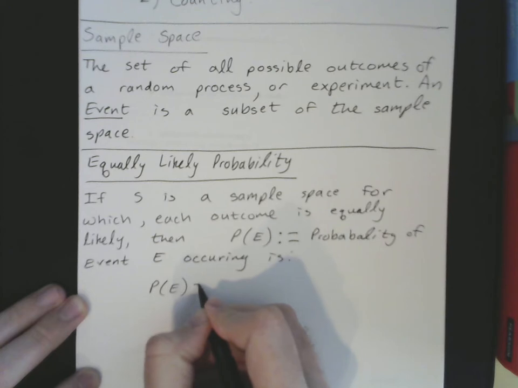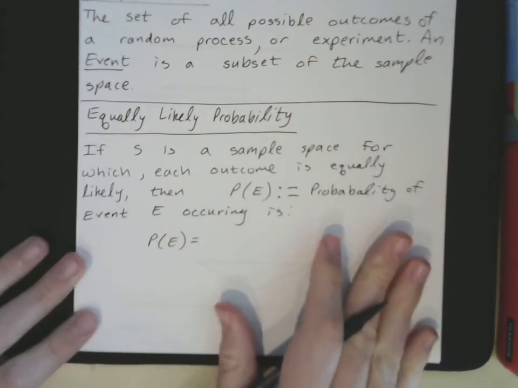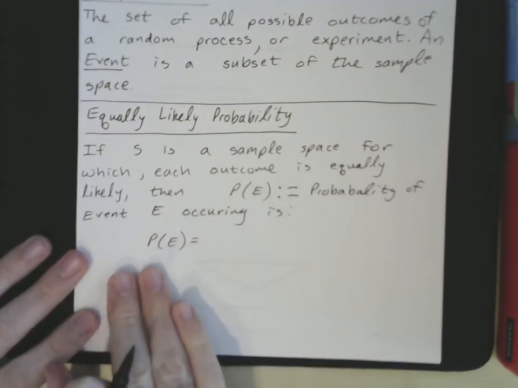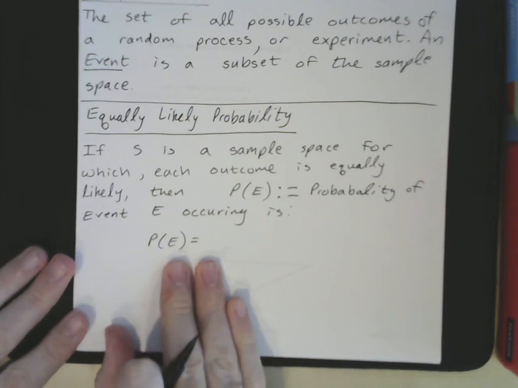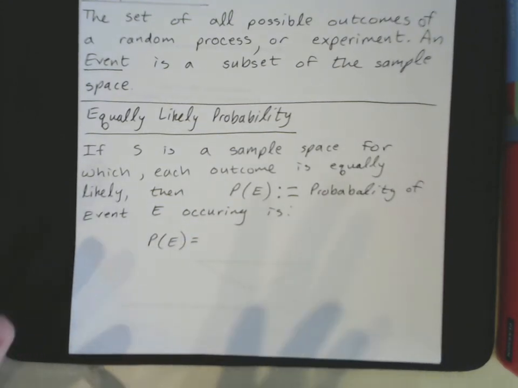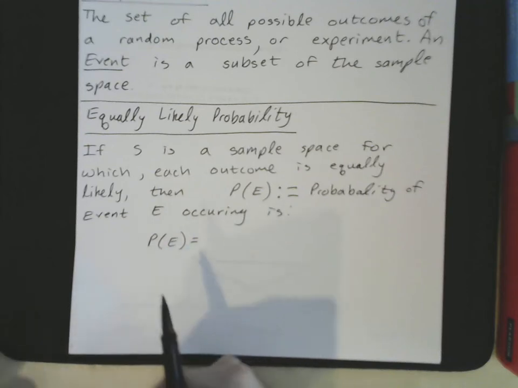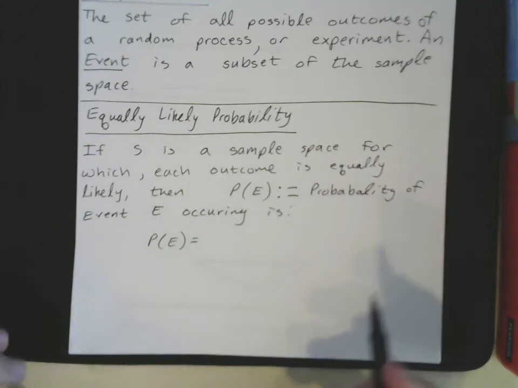P of E. So in this chapter, when we see capital P of something, you're always going to read that as probability of. So in the probability chapter only, whenever you see the P of an argument, that's the probability of that thing happening.